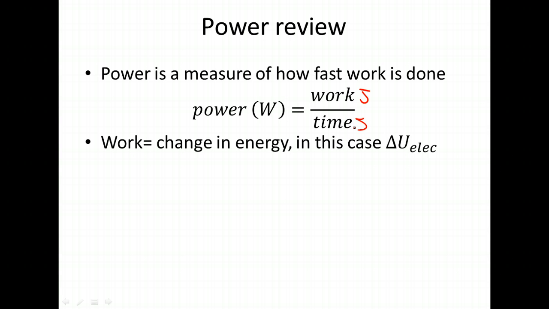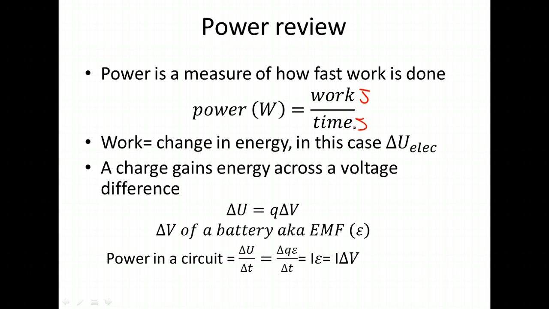Since work is change in energy, in this case we're talking about electric potential energy, right? The change in that energy. A charge gains energy as it moves across a voltage difference, and this is a review formula for you guys, right? That U electric is negative Q delta V, and so we gain energy as we move across a voltage difference.